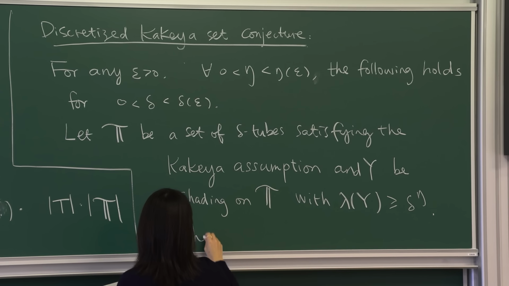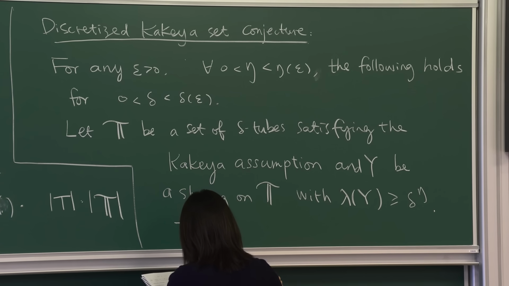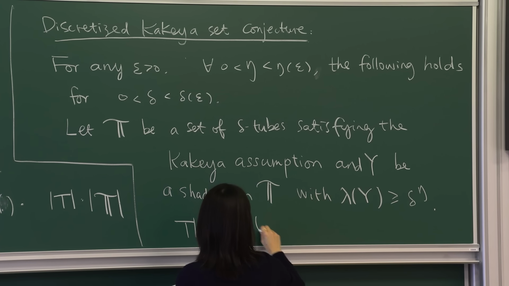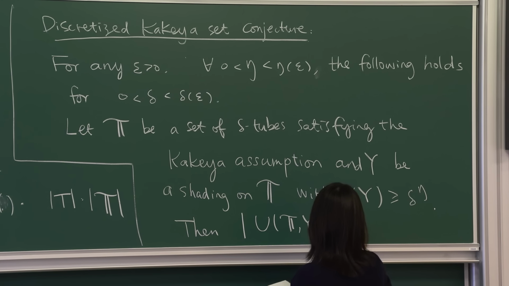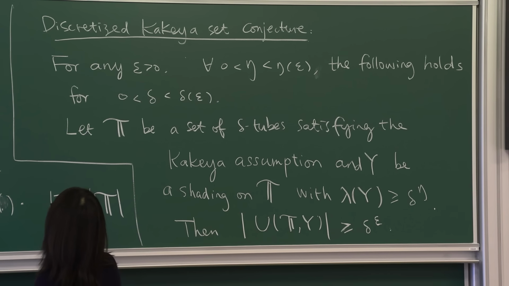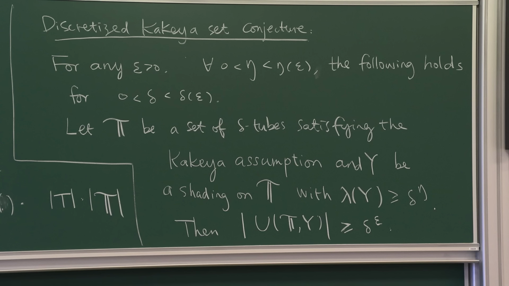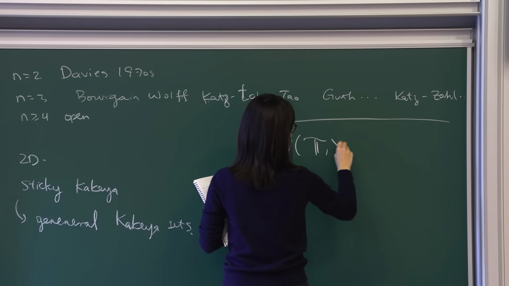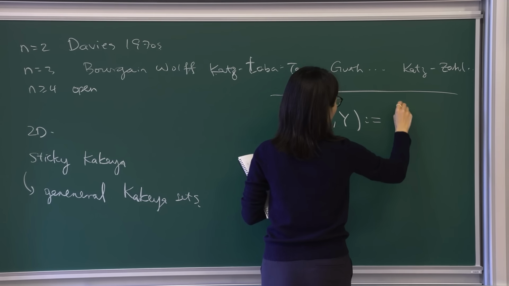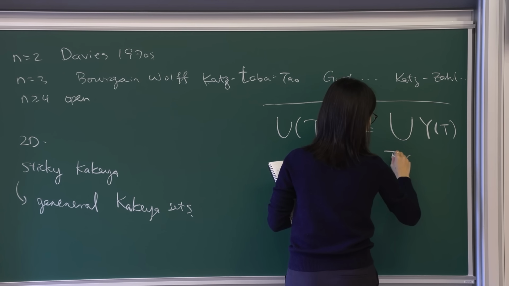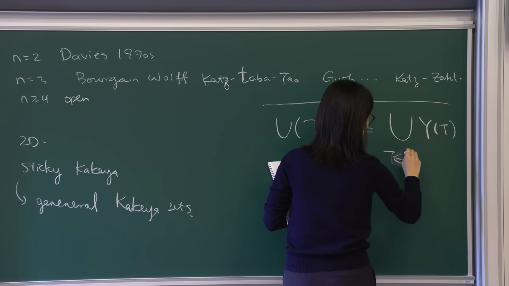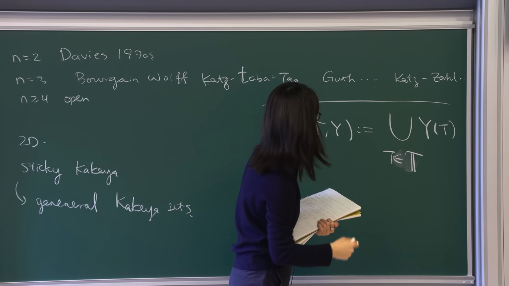Then the union of tubes, I will explain this notation immediately, is greater or equal than delta to the epsilon. So this notation, let me just write it here. The union of T, Y just means the union of the shadings when T is in our collection.